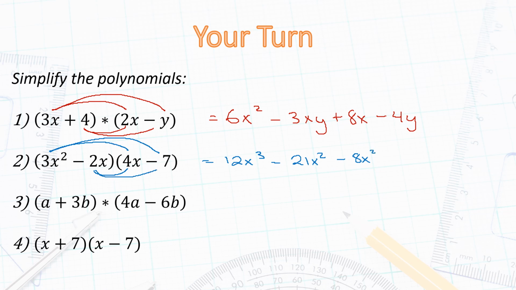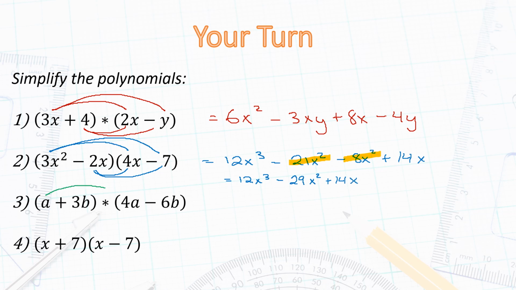And minus 2x times minus 7 is plus 14x. So then one thing we do note is there are two values that contain x squareds. So this can be simplified a little bit further. So we get 12x cubed, minus 21 minus 8 is minus 29x squared, and then 14x. Now we're done.